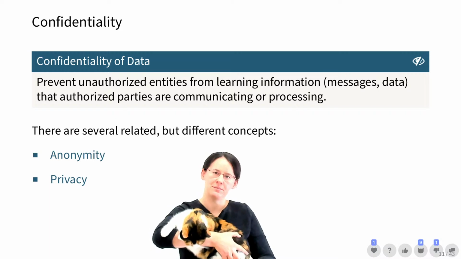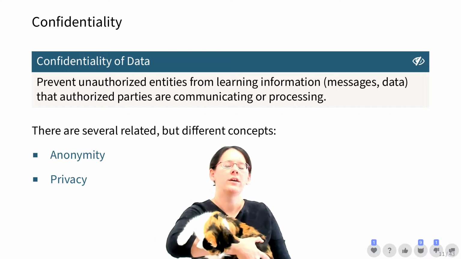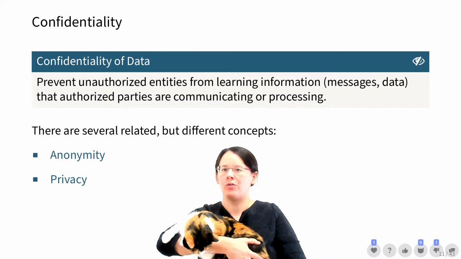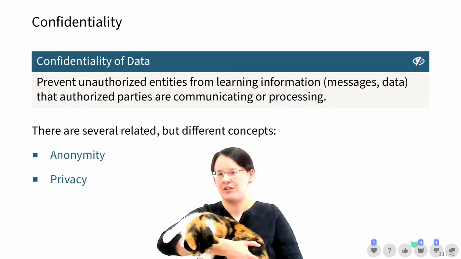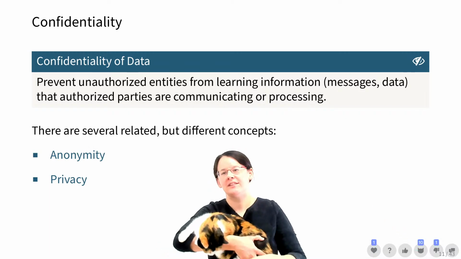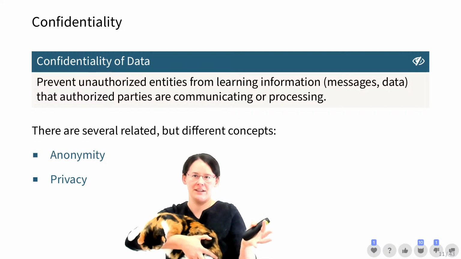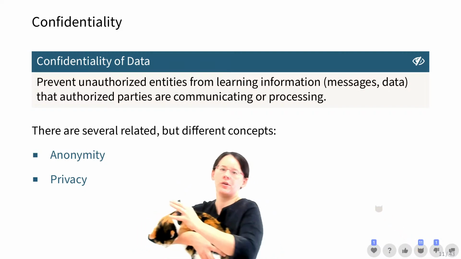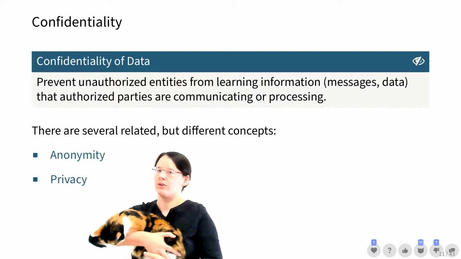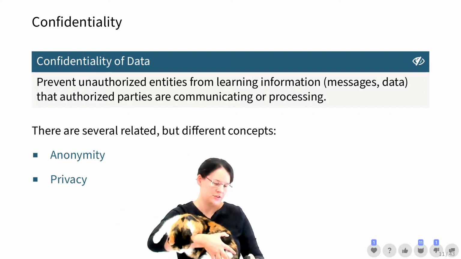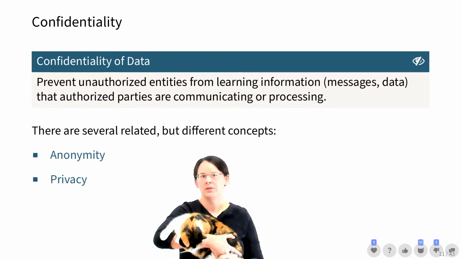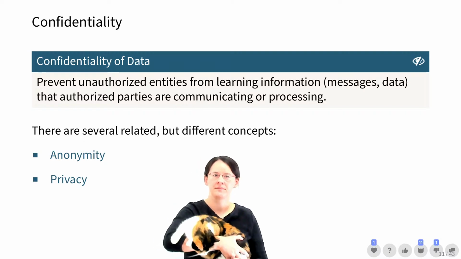But what privacy is about is that one user wants to have control over which of their data they share at all. So it's not like you're generally sharing the data with someone and you don't want anybody else to see. But it's more about you having control over your own data and deciding which parts of it to share with the world or with a particular entity.